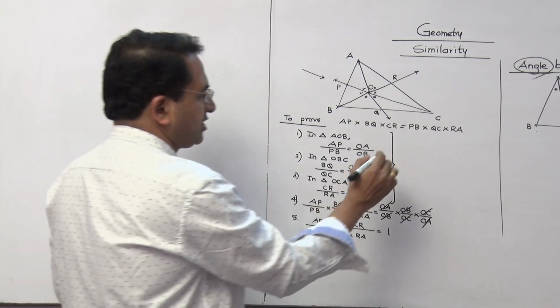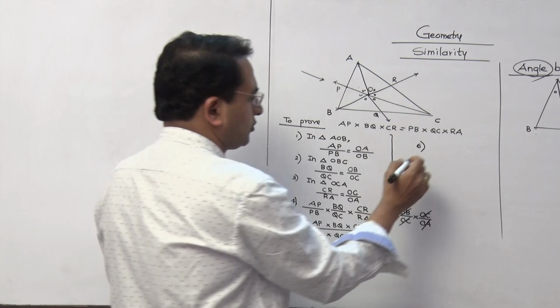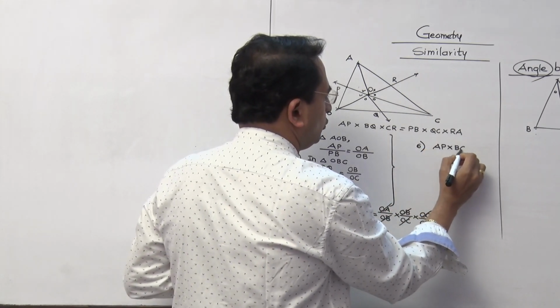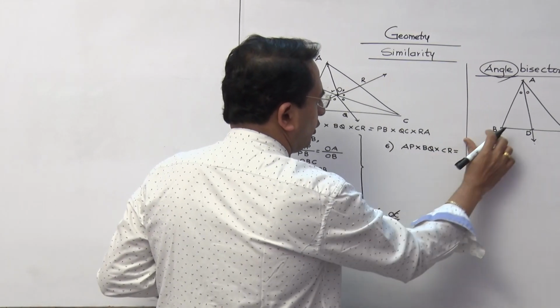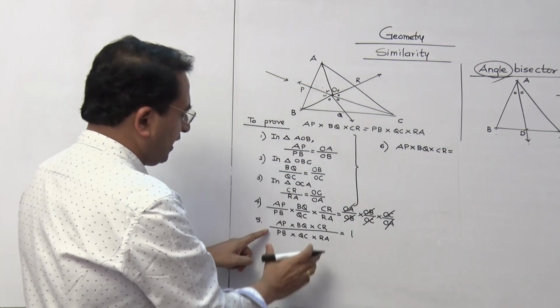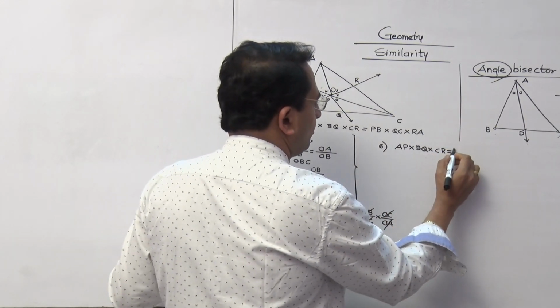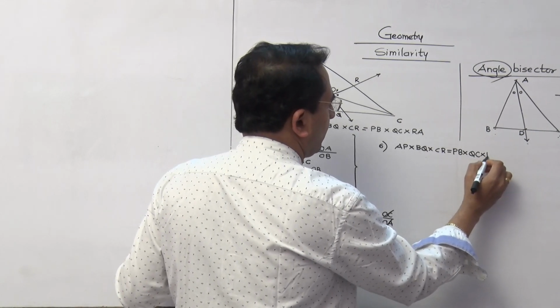I am writing that as the 6th statement: AP multiplied by BQ multiplied by CR is equal to the entire denominator multiplied by 1, that is PB multiplied by QC multiplied by RA.